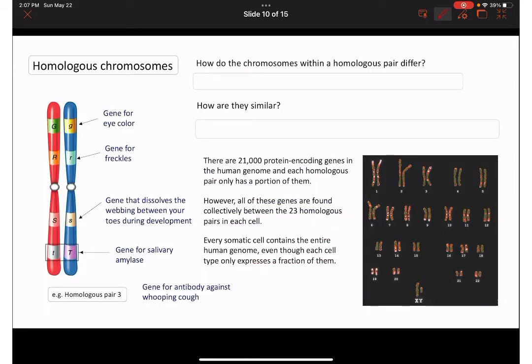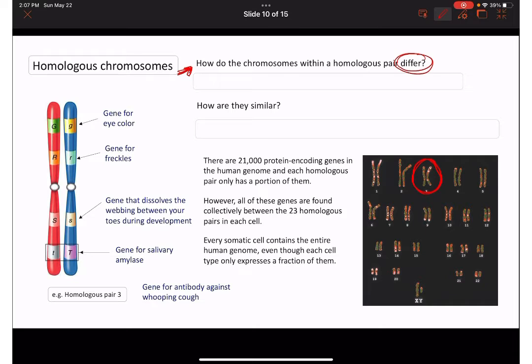So now let's take a closer look at one of these pairs, at one set of these homologous chromosomes, and maybe we'll just say this is set number 3. My first question for you is, how do these chromosomes within a homologous pair differ?